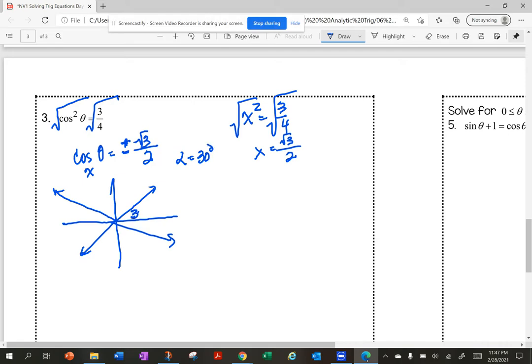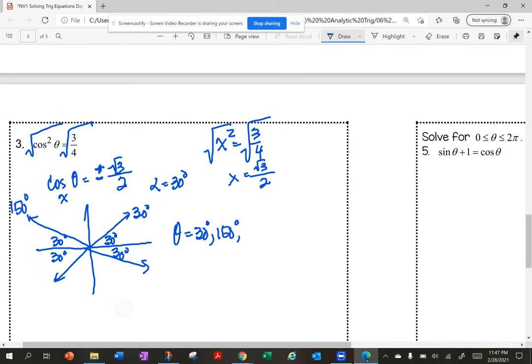So these are all 30 degrees right here. So I need to name all the angles in positive rotation. So the first angle is going to be 30 degrees. The next angle is 150 degrees. The next angle is 210 degrees. And my last angle is going to be 330 degrees.